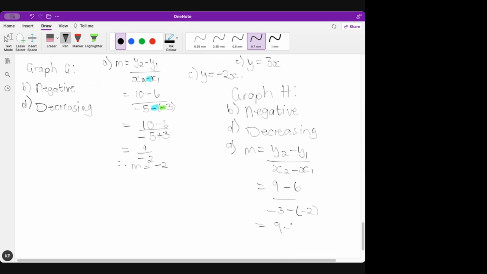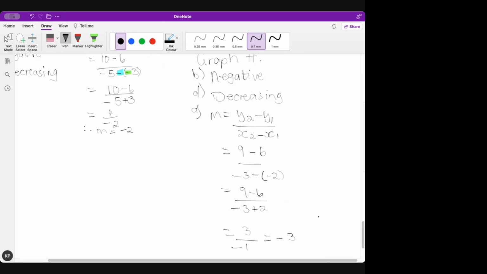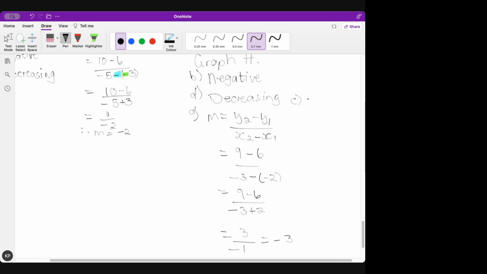So 9 minus 6 over negative 3 plus 2. 9 minus 6, that is 3 over negative 3 plus 2. Negative 1. And 3 divided by negative 1 is equal to negative 3. That means my graph is y is equal to negative 3x.